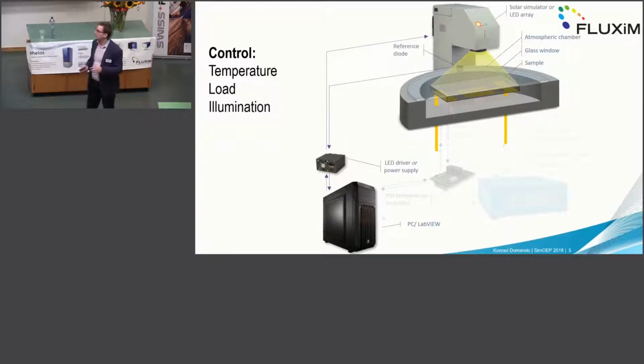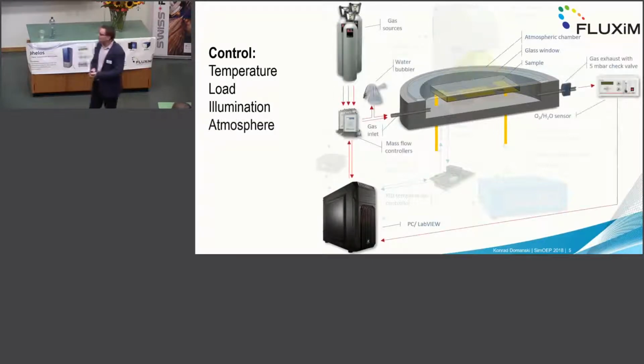We have a choice of two different illumination sources, either a solar simulator with UV light or a white LED lamp, which is much easier to control, but doesn't have any UV component. And we have a photodiode to create a feedback system with a LED driver to control very precisely the level of illumination. And then finally, we have different gases that we can feed into the chamber.